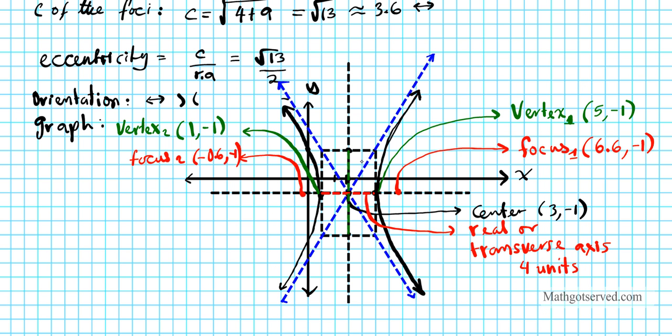Okay? Now the axis going up and down, that's your conjugate or imaginary axis. Let's go ahead and label it. So here we have our conjugate or imaginary axis.